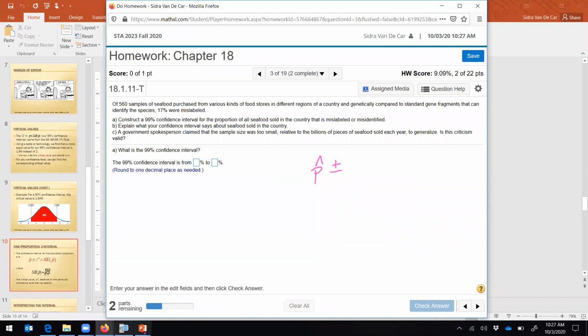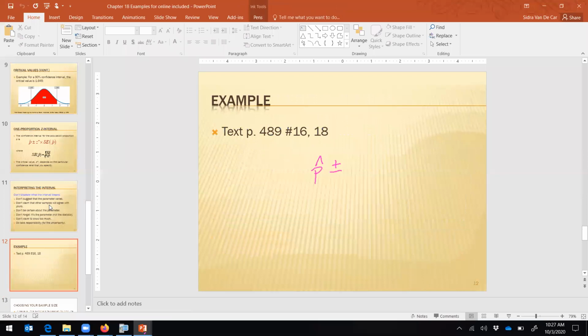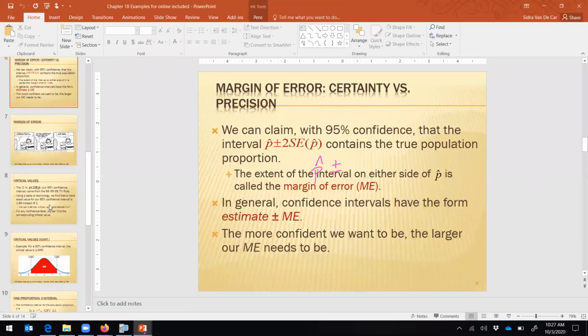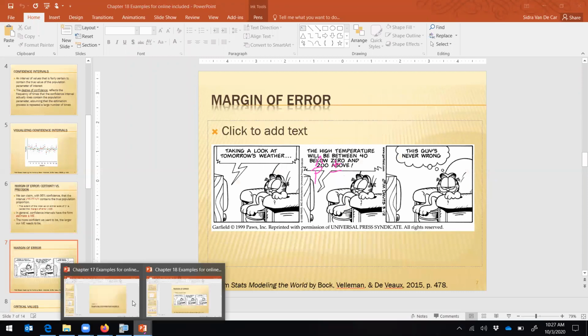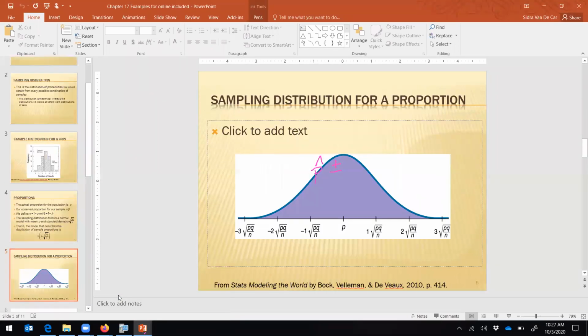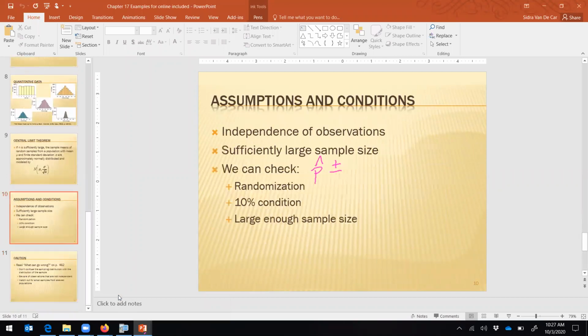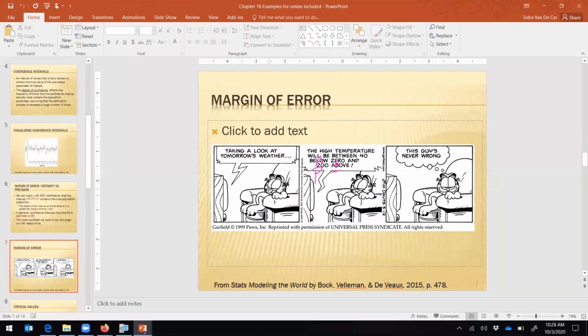I thought I gave you a list of the critical z's and the confidence levels that go with them, maybe in chapter 17, or maybe that's in an upcoming chapter. I'll show you how to get it, okay?